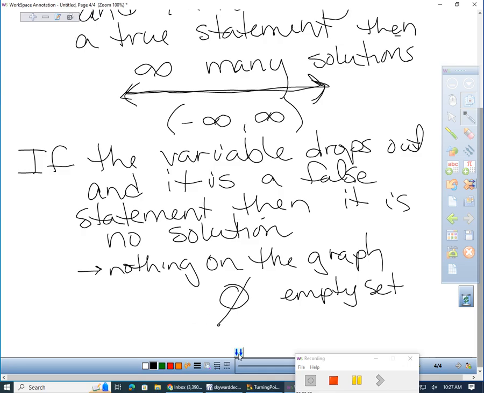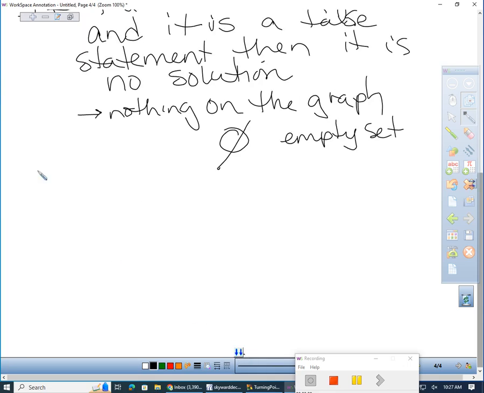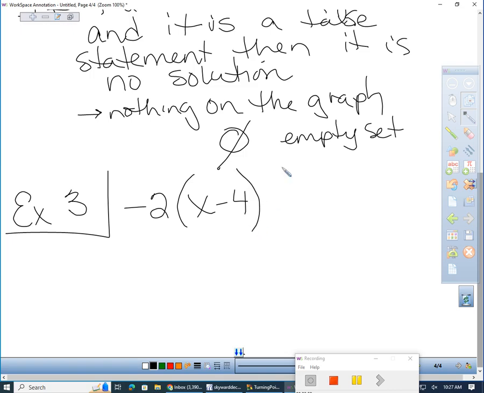So let's see. Example number 3. Let's say I have negative 2 times x minus 4 minus x is less than or equal to negative 3x plus 5.